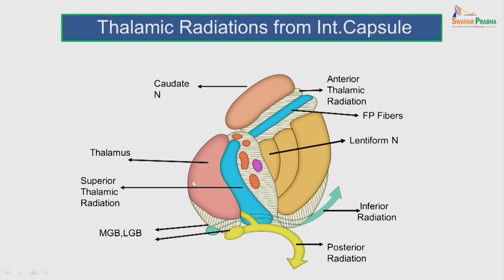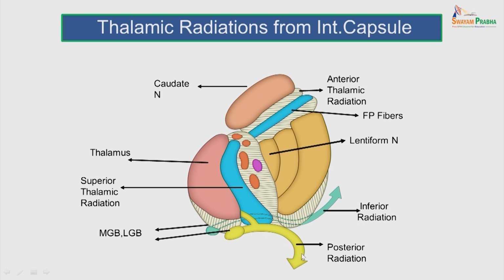The superior also carries the medial dorsal, then the lateral dorsal and lateral posterior. The inferior thalamic radiation is through the sublentiform part of the internal capsule, carrying the medial geniculate body fibers.